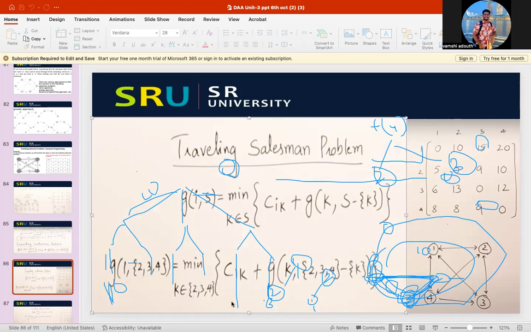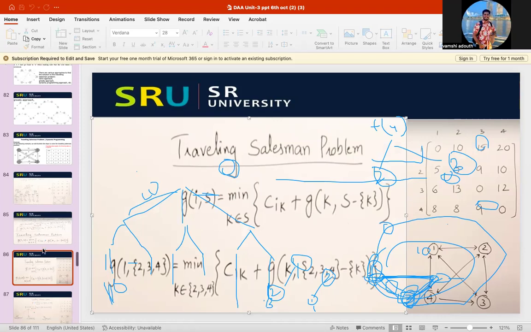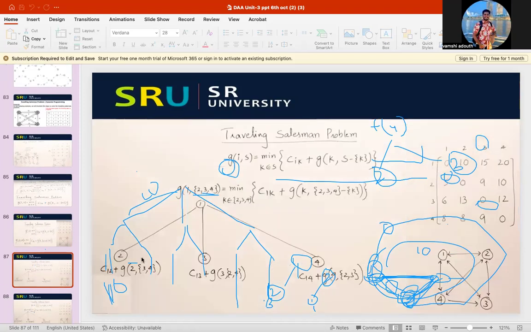Then we have to calculate C, k plus g, and substitute the values in the given formula. Now after going, the first iteration is completed. We have calculated for 1. Next iteration for 2. So now we are calculating for 2. So i value is 2.